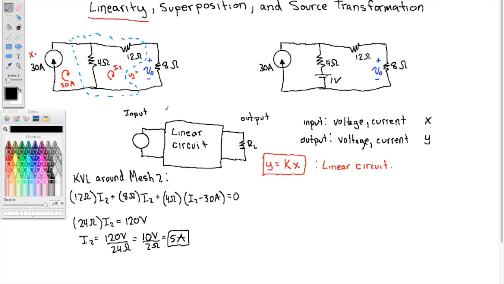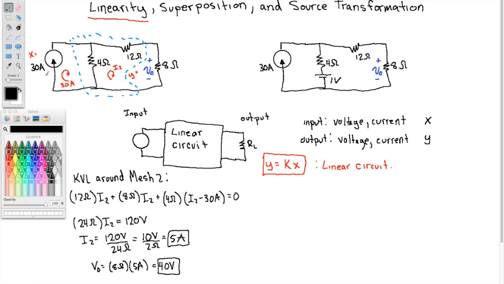If I want to know the voltage, then V0 equals the 8 ohms times the 5 amps, so that is 40 volts. But remember, the question was, can this voltage be written like this, where X is this 30 amp source?